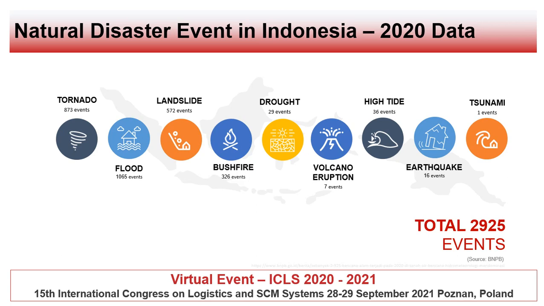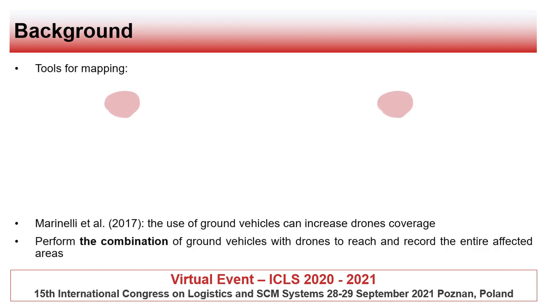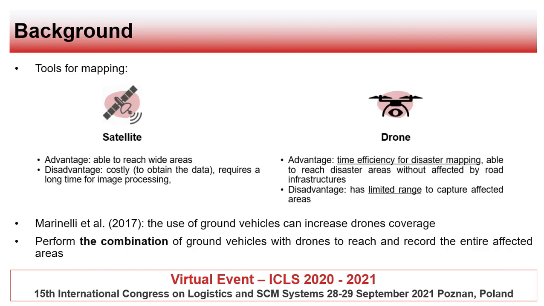So data is one of the important things. One particular piece of data is the map of the area affected by the disaster. We are talking about post-disaster assessment. It's not before, but post. After the disaster happened, we need a very informative and up-to-date map.